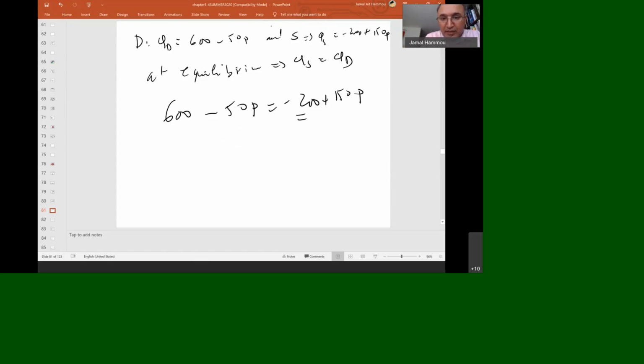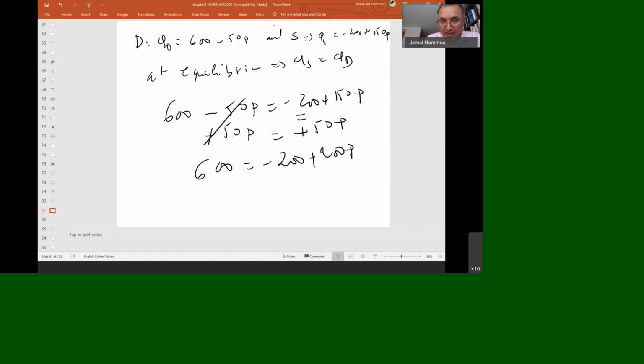If I want to bring this minus 50p to the other side, I just add 50p. I have to do the same thing to both sides of the equation. Now minus 50p plus 50p is gone, so you will have 600 equals minus 200 plus, 150p plus 50p, that's 200p. And then I want to bring this term to the other side.